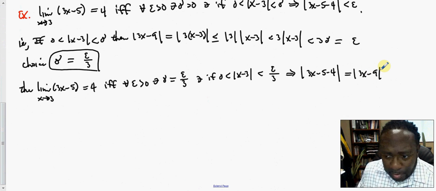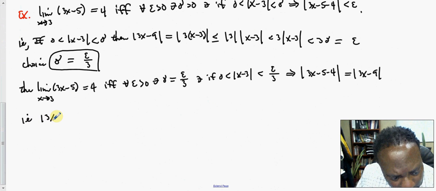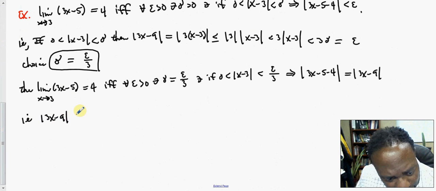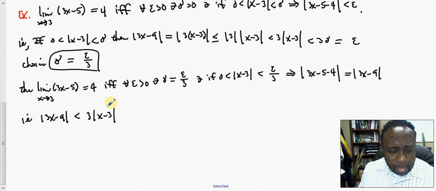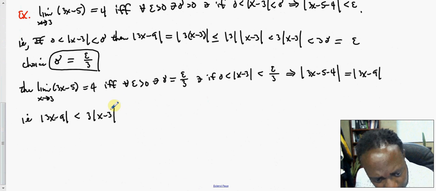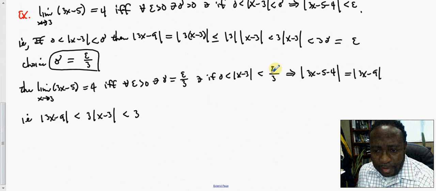And so the absolute value of 3x minus 9 was less than 3 times the absolute value of x minus 3. And you recall that the absolute value of x minus 3 is less than epsilon over 3.